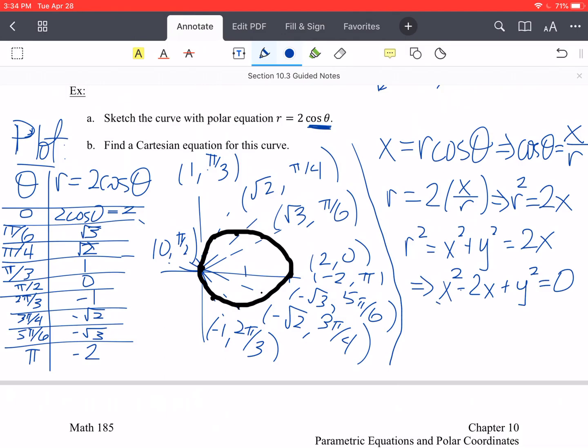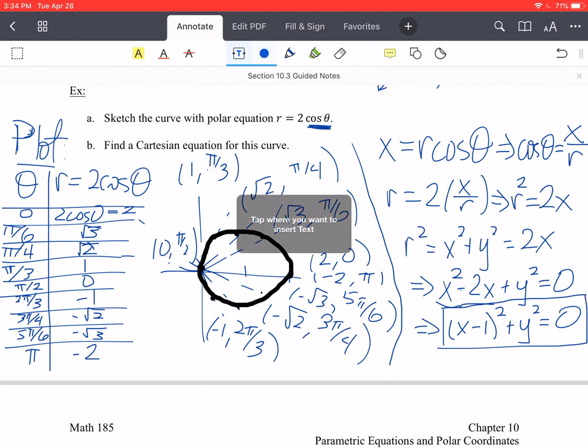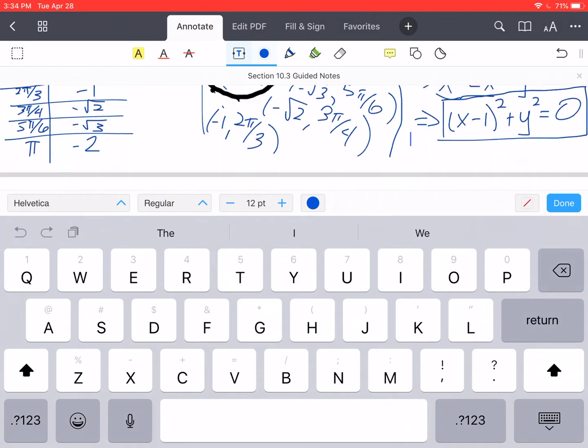You can go ahead and complete the square on these x terms. That's going to give us x minus 1 squared plus y squared equals 0. And this would be our equation in rectangular coordinates. So what is this the equation of?